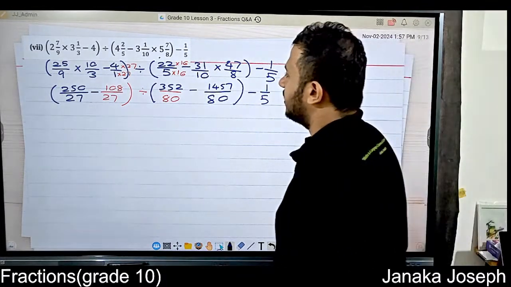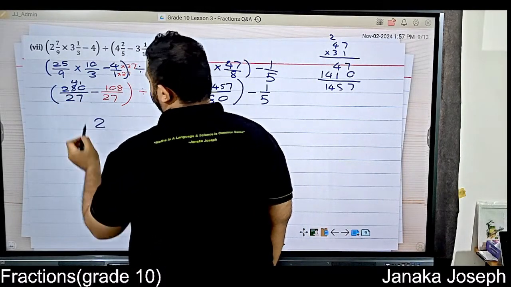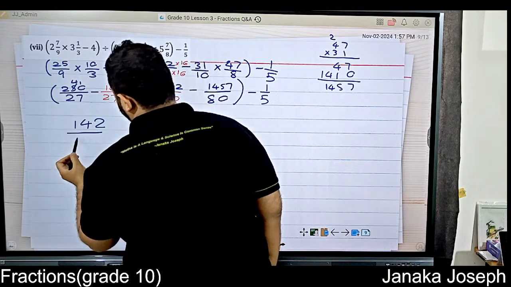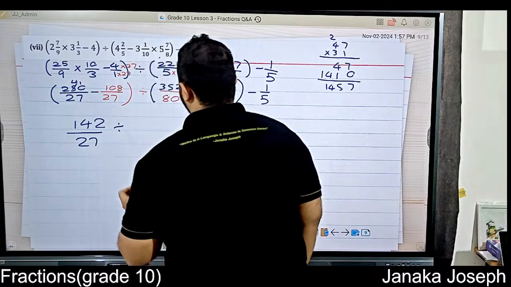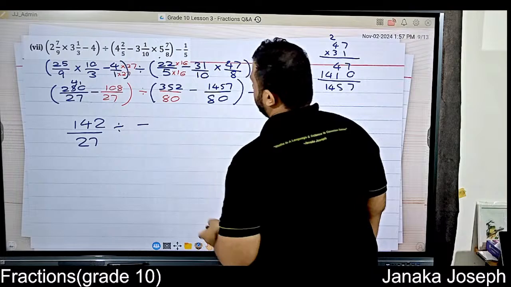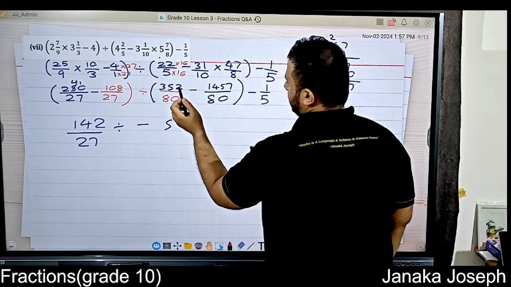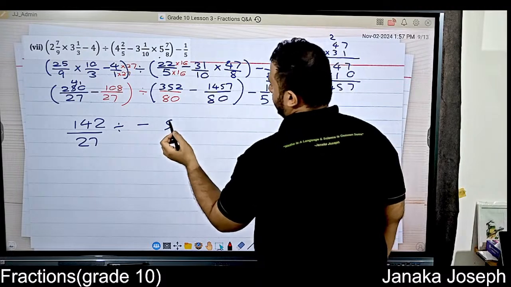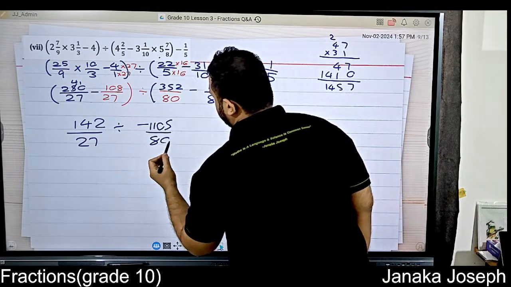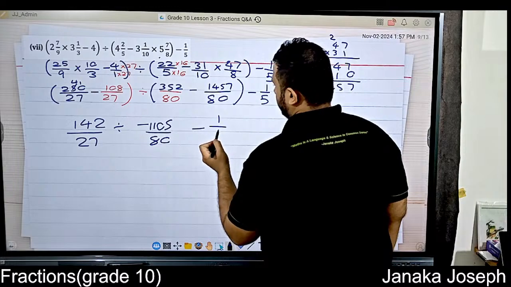Now if we do the takeaways here, this will give me a 2, and that will give me a 4 and a 1 over 27 divided by, this will give me a negative number, negative 5, yeah, 0, 1, 1 over 80 minus 1 over 5.